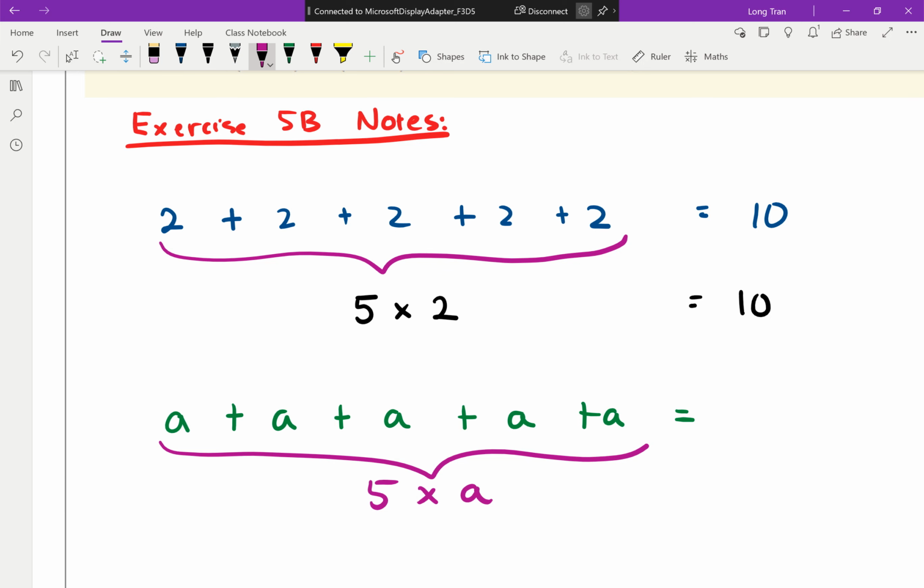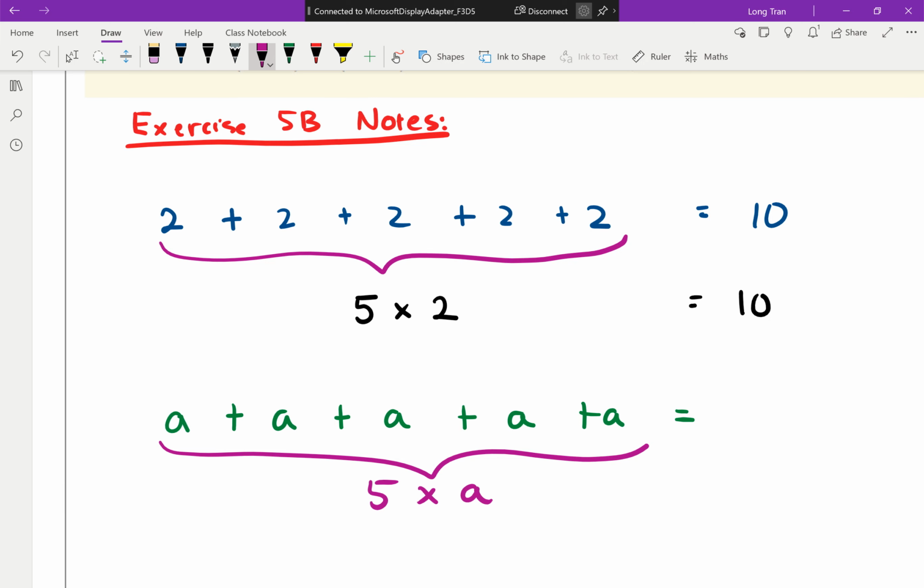And when you deal with algebra, it's the same thing. You've got 5 terms here, 1, 2, 3, 4, and 5. What you've done here is you've made 5 terms and you simplified it all into one expression. You see that 5 times the A is much shorter than writing 5 of these A's.